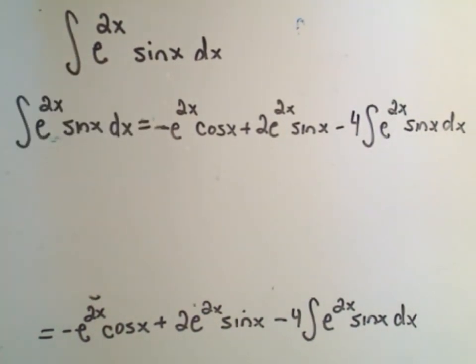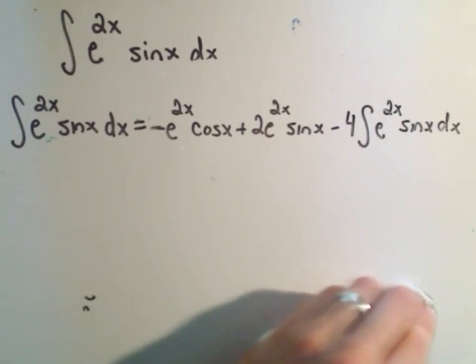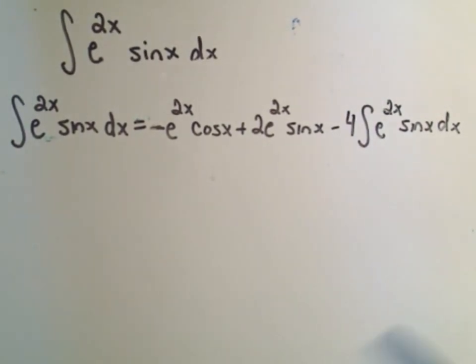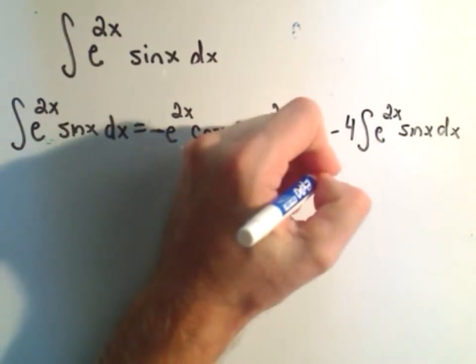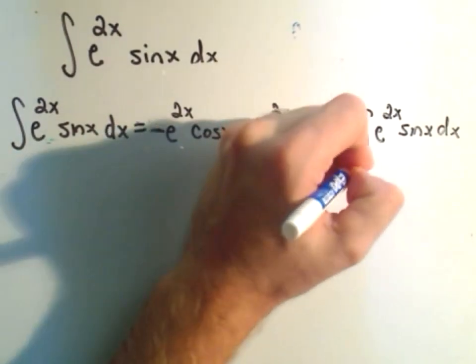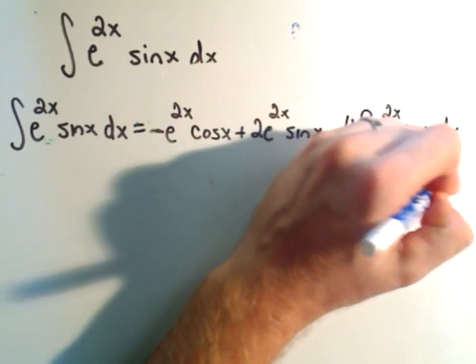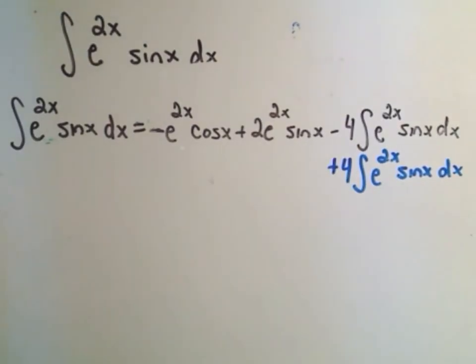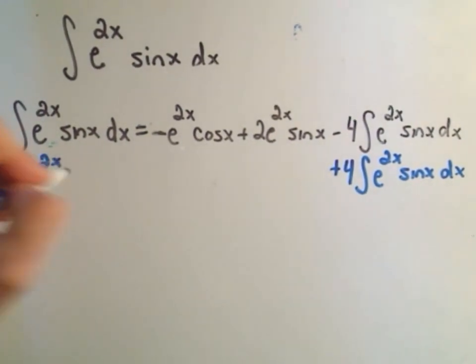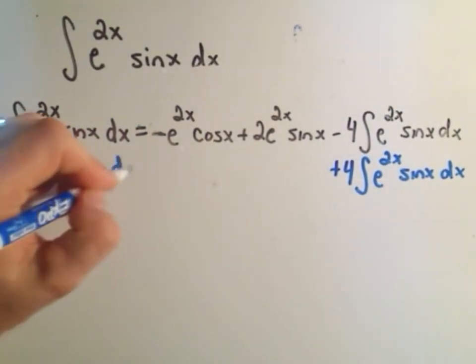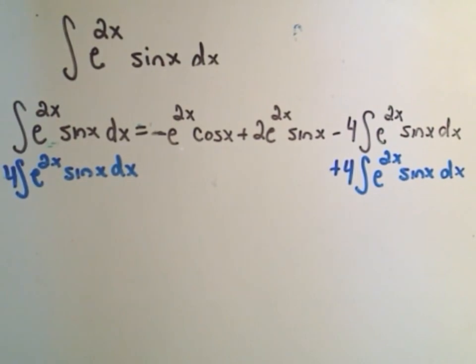Well, the idea is we can get rid of this integral on the right-hand side by simply adding it to both sides. So I'm going to add 4 times the integral of e to the 2x sine x dx to the right side, which means I have to do it to the left side as well.